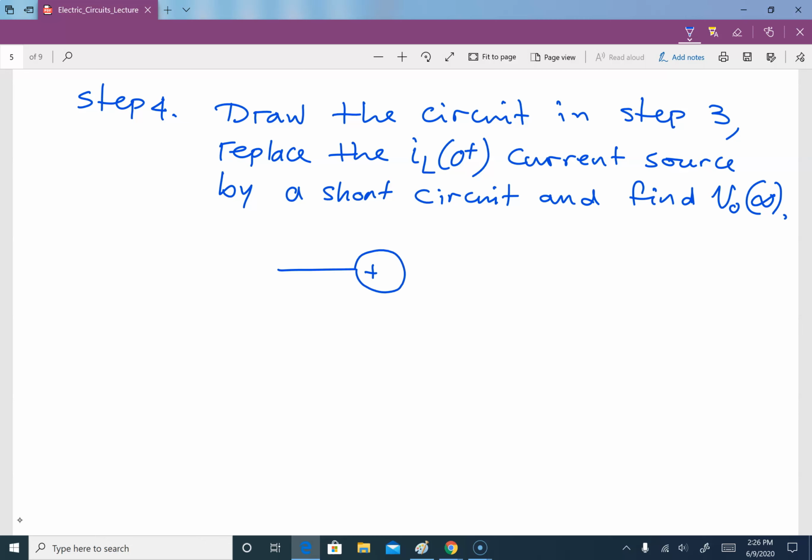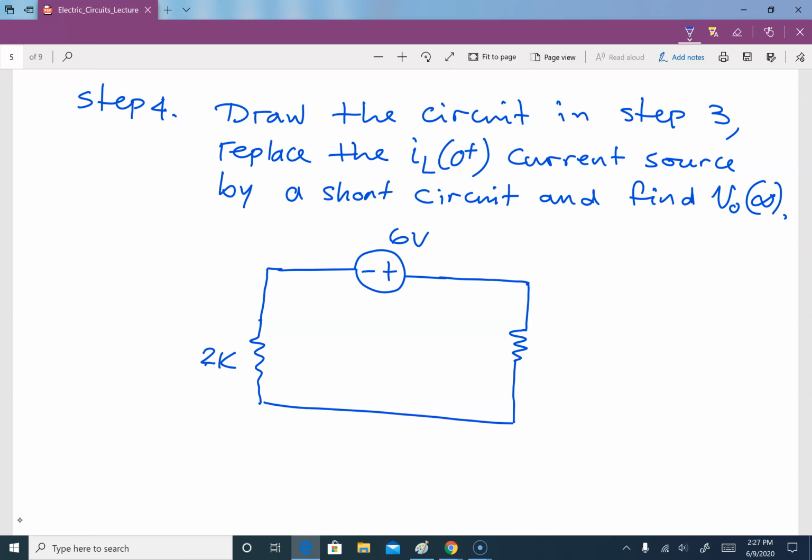So this is our circuit here. That is 6 volts. This is 2K, 1K, and this here will be short.